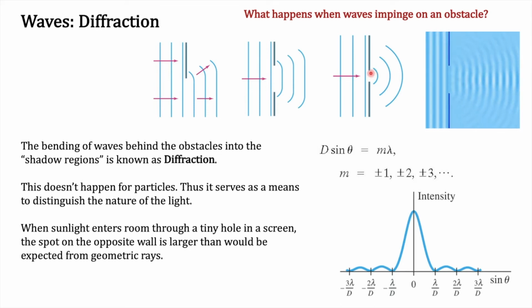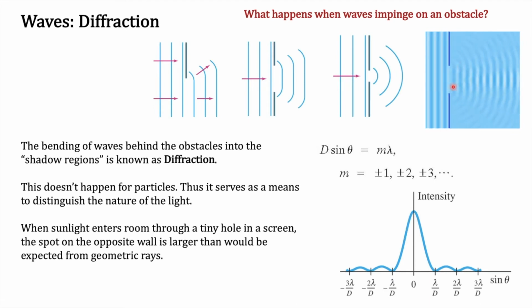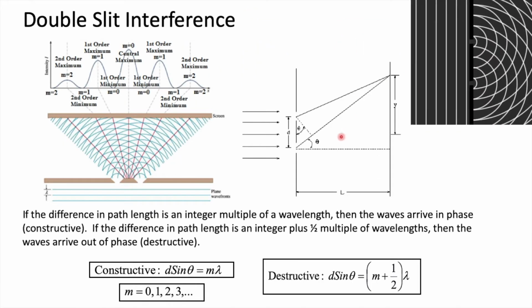You can consider how the top wave and the bottom wave interfere as they hit the screen at the end. Here you can see little details here. Some of the waves are directed this way, and this is at m equals to 0, or the horizontal case, and others are more angled toward upward. And same as here, how the two waves interfere differently when they hit the screen, meaning constructive or destructive.